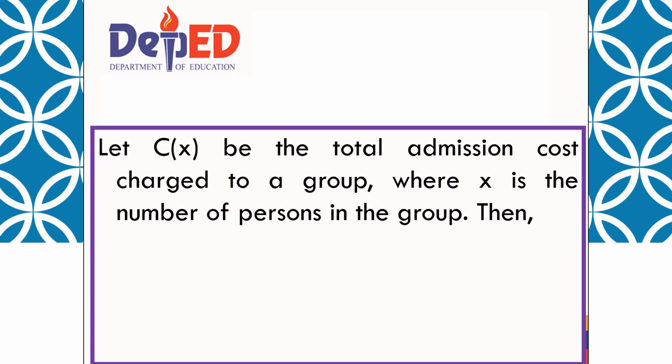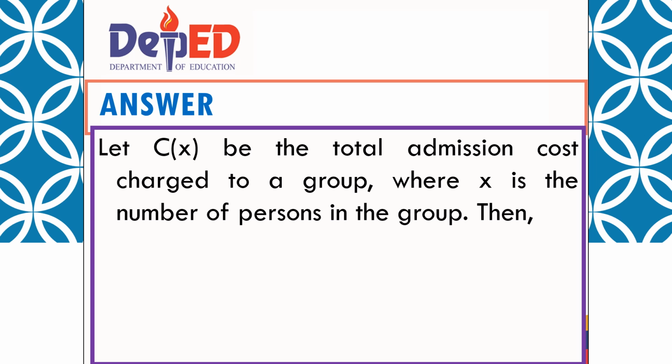So, ang given niya is mag-charge daw ng 35 pesos if less than 50 people. And then, 30 pesos if 50 or more. Ano ngayon ang kanyang piecewise function or ang mathematical model? I will give you 10 seconds to think of the mathematical model or yung piecewise function, and then I will show the answer. 10, 9, 8, 7, 6, 5, 4, 3, 2, 1.